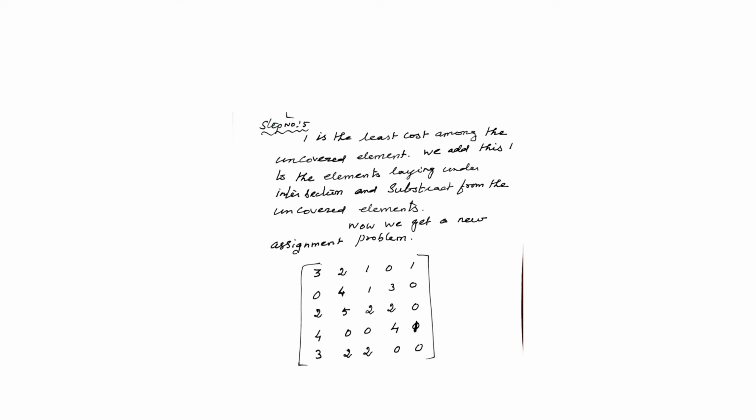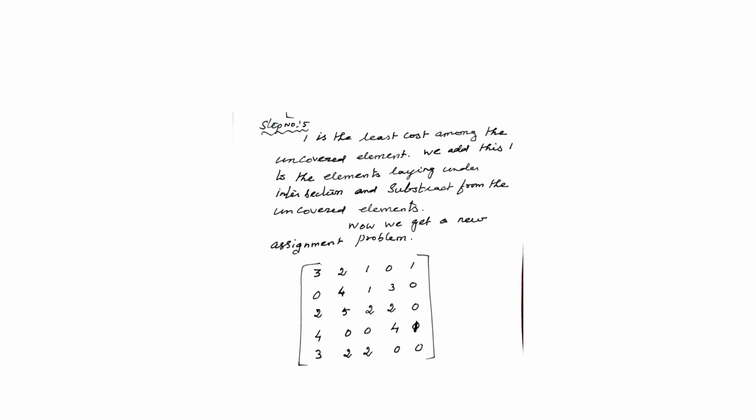The uncovered elements are 5, 2, 4, 6, 3, 3, 3 and 3, 3, 1. There are 9 elements not covered. Out of these 9 elements, 1 is the least cost.